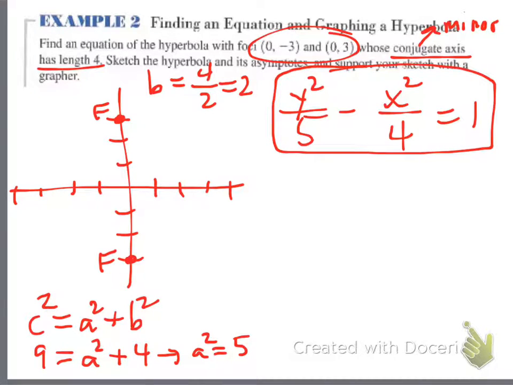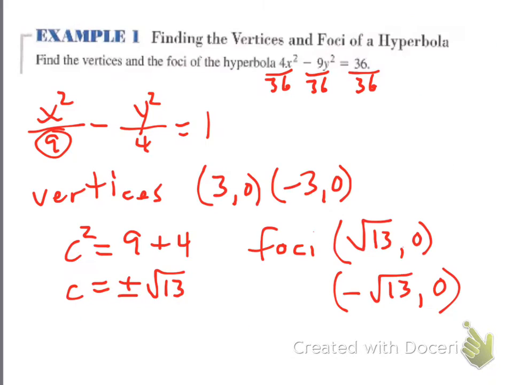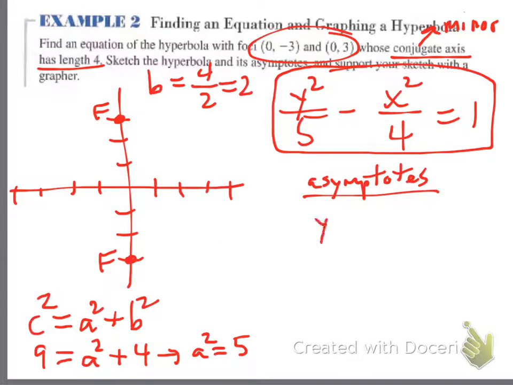Okay. Now, our asymptotes. If we're going to graph a hyperbola, we need to have asymptotes. Y squared came first, so y equals plus or minus a over b x. So our asymptotes are y equals plus or minus radical 5 over 2 x.